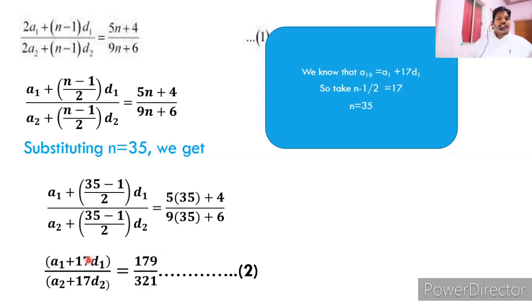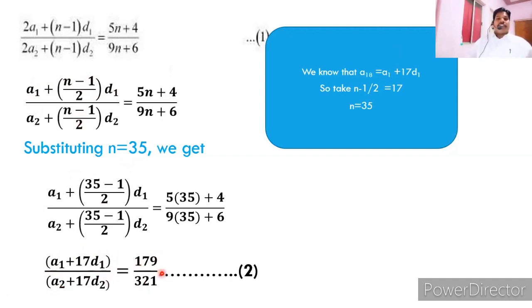Do you understand, students? After taking n is equal to 35, the numerator and the denominator will become like this. Why are we taking it like this? You have to get a18 for the numerator in the first arithmetic progression. In the denominator also you have to get the 18th term in the arithmetic progression of the second one.